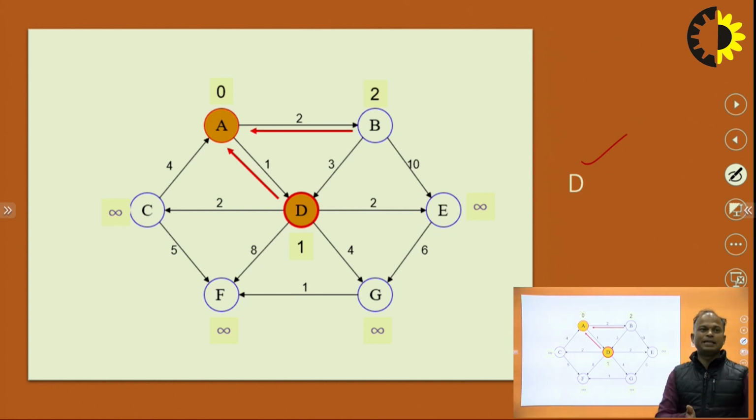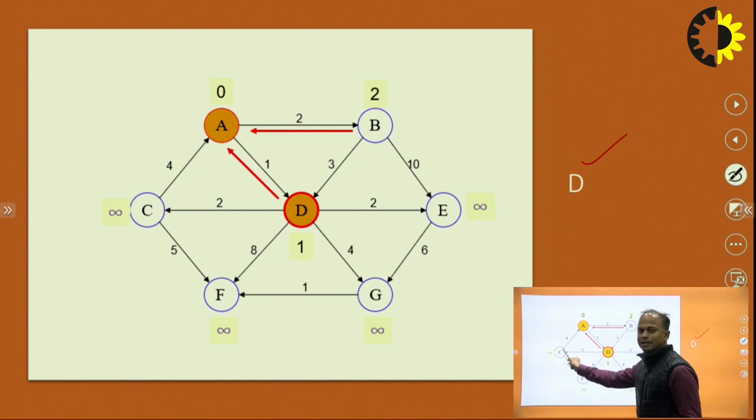Therefore, we are considering D. And if we are at D, then from D we can reach G, we can reach E, and F, and C also. So there are these possibilities. If we are at D, then the adjacents of D are E, G, F and C.